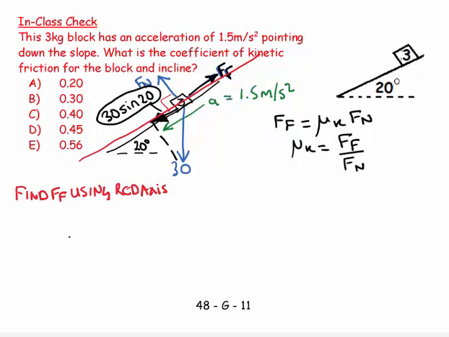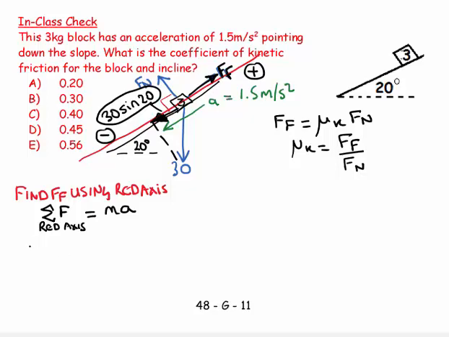And in this case, I say the sum of the forces along the red axis does not equal 0, it equals ma. And I know the acceleration. So let's make this the positive end, and this the negative end.